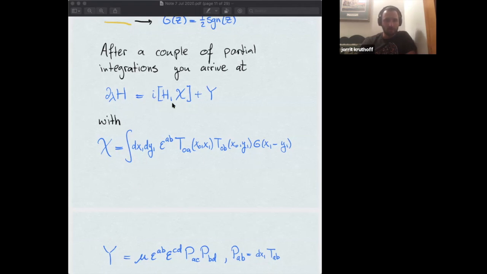Because when I evaluate this in the energy eigenstate basis, then this expectation value will be 0 because it's a total derivative. And then this piece, and I'm in translation invariant states, and this Y piece, the expectation value of that will give me the flow of the energy levels.